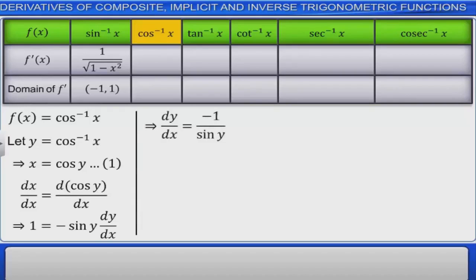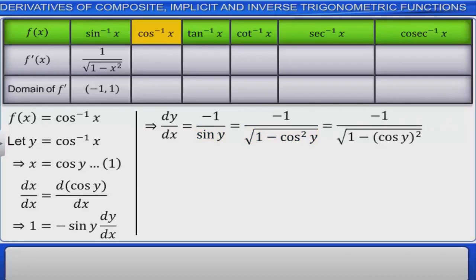Let's write sin y is equal to the square root of 1 minus cos squared y. On replacing cos y with x, we get minus 1 divided by the square root of 1 minus x squared. Therefore, dy by dx is equal to minus 1 divided by the square root of 1 minus x squared.